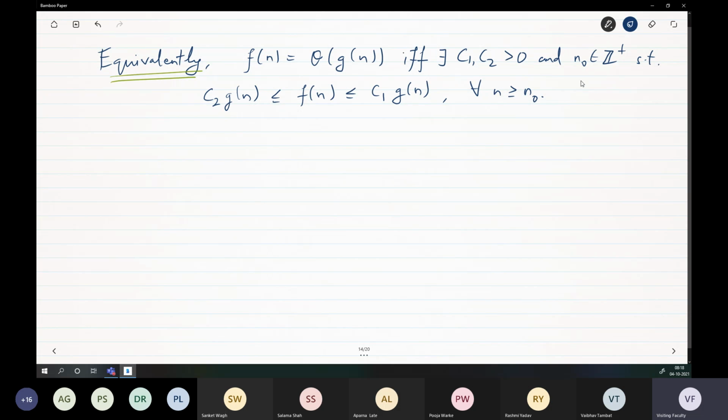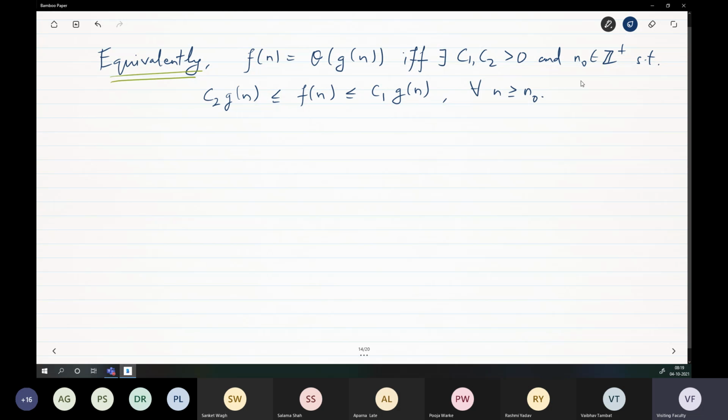If the order of magnitude of g is larger than f, g grows much faster than f as n tends to infinity, then f is big O of g, f is bounded above by g. If f grows much faster than g as n tends to infinity, then g is big O of f, or equivalently f is big omega of g.